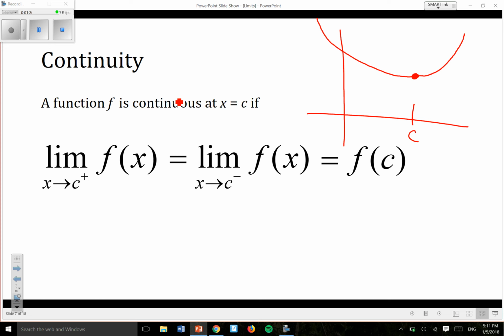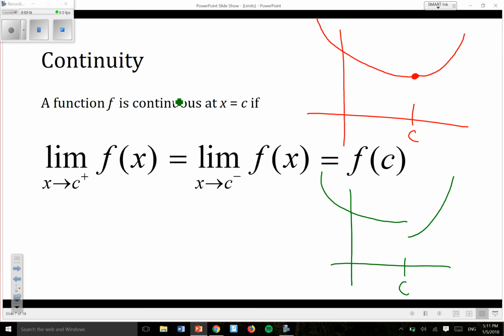It's also easy to see what happens if one of these parts of the limit definition breaks down. So for example, you can't be continuous at c if your limit as you approach c from the right doesn't equal your limit as you approach c from the left.